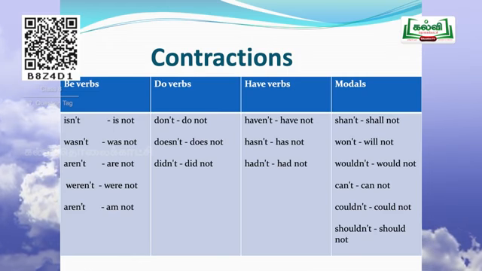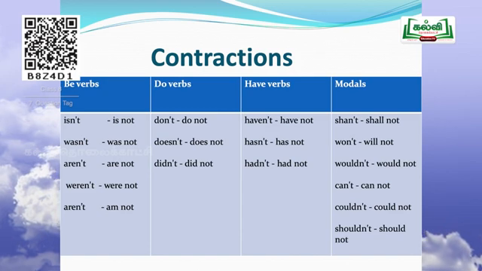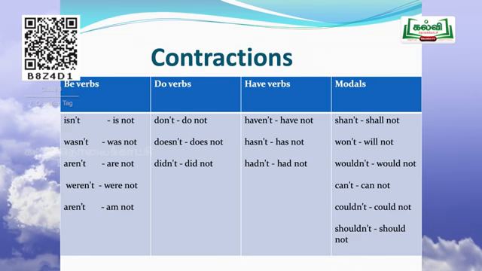Would plus not, wouldn't. Can plus not, can't. Could plus not, couldn't. Should plus not, shouldn't. So these are the constructions of auxiliaries with not. Can we remember this? This will help you while you form question tags. So with this, we move on to the examples.